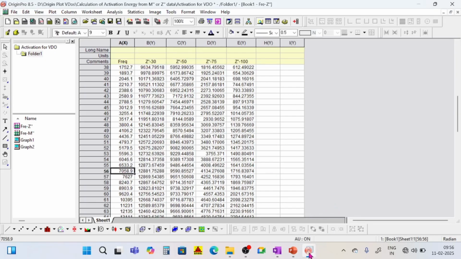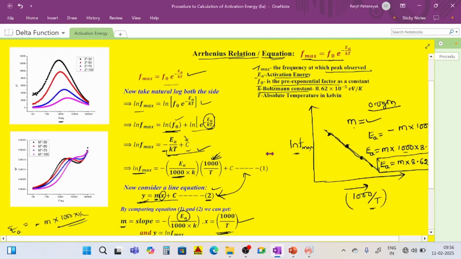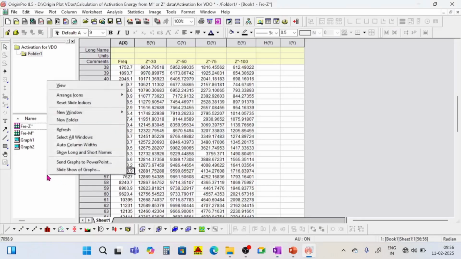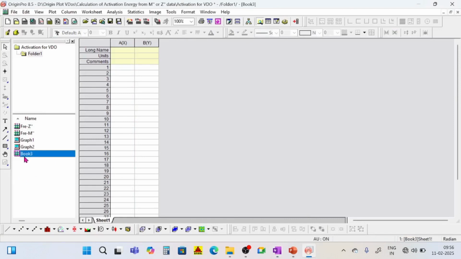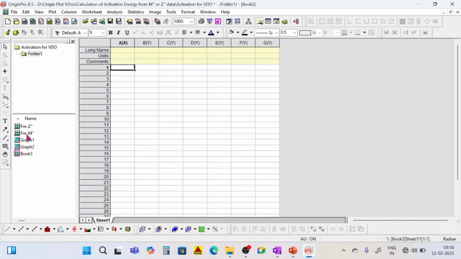So what we have to do is consider along the x-axis 1000 by T, along the y-axis ln F max. So first we have to insert another worksheet over here, and we have to consider the temperatures.